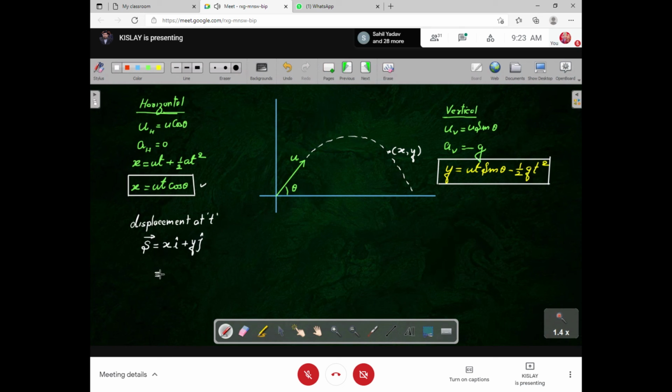You can write this as ut cos theta i cap plus ut sin theta minus half gt square j cap. In this way, anyone can find the displacement at any instant of time.